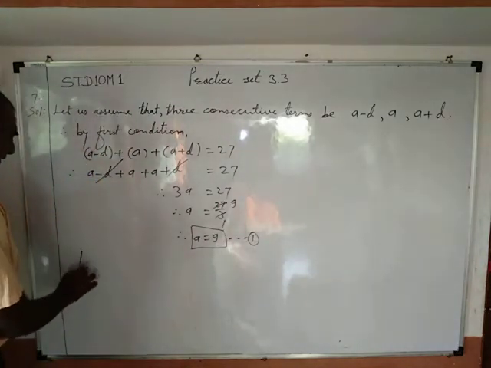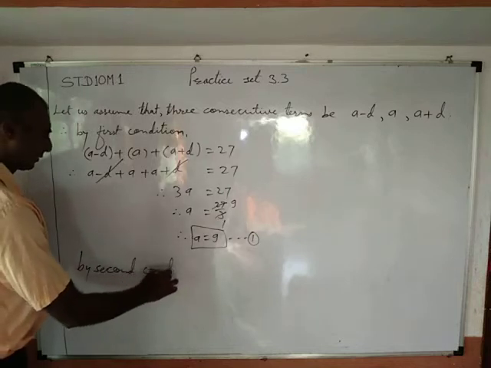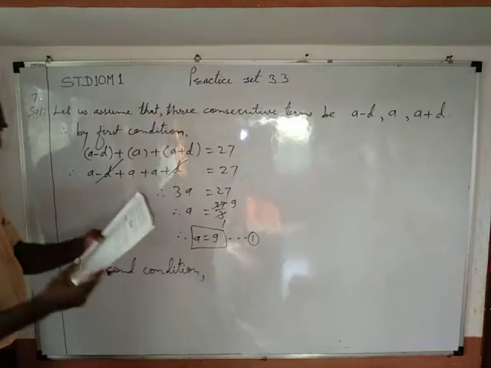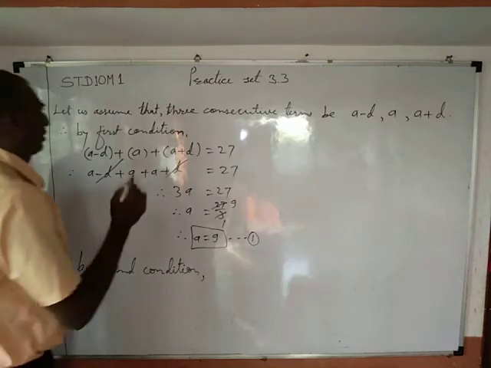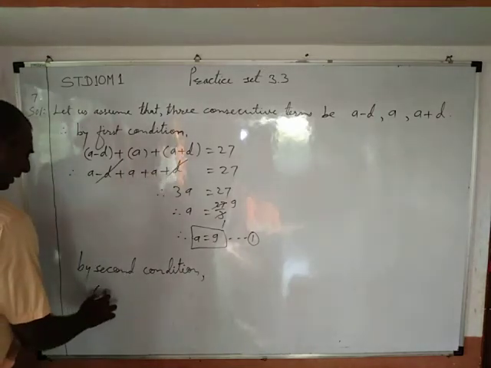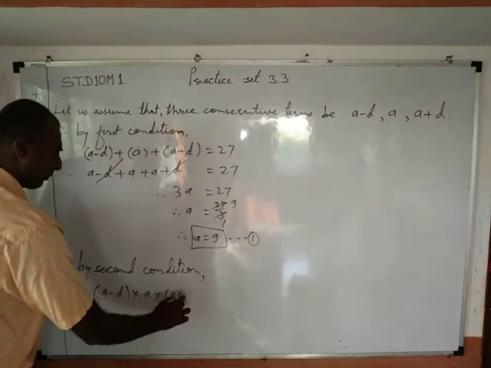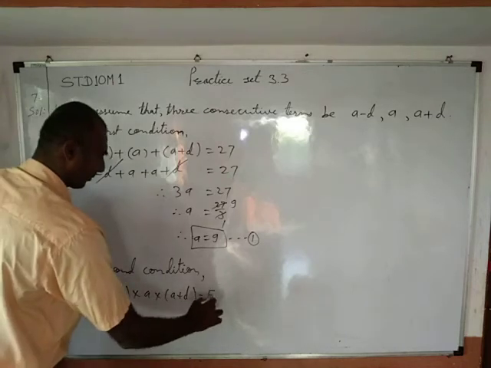By second condition, what is the second condition? According to the second condition, their product is 504, means A minus D into A plus D equals 504.